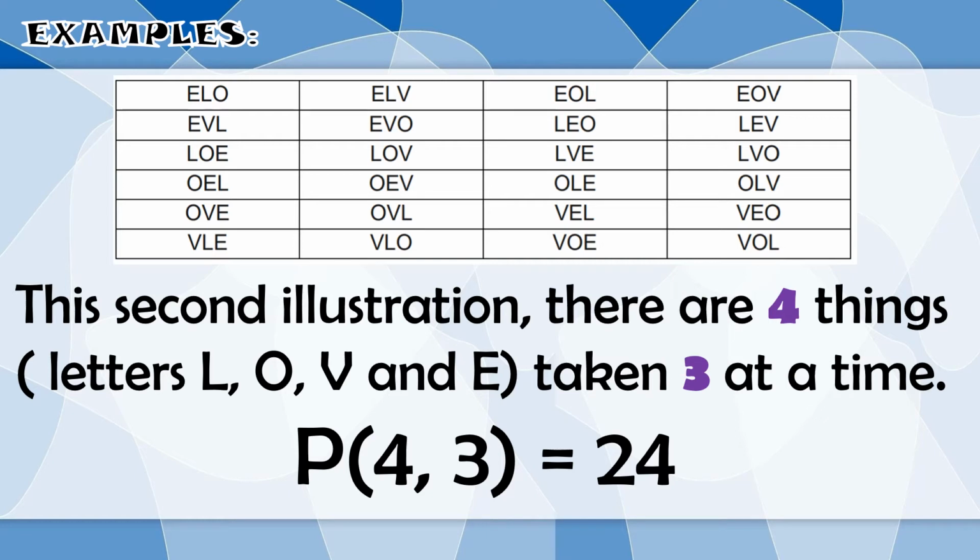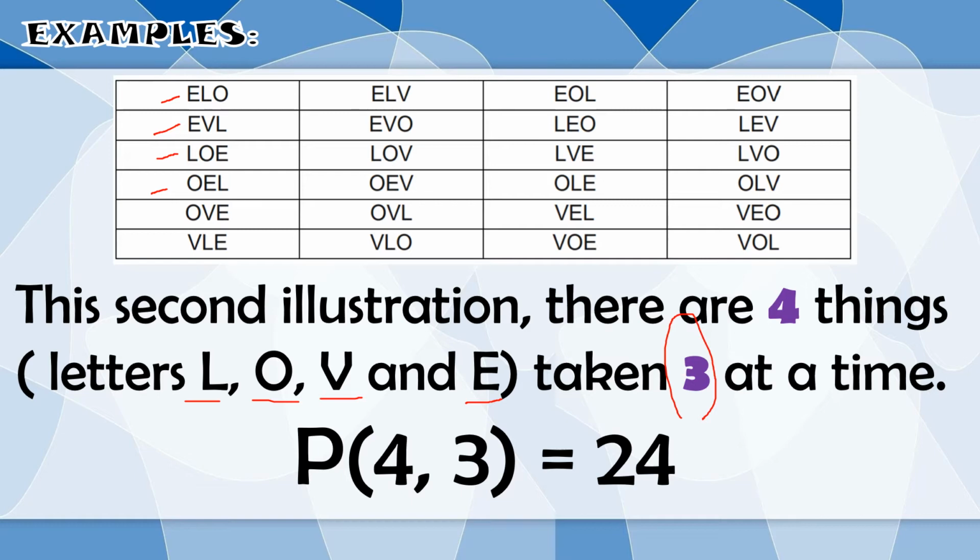Our next illustration: there are four things or letters L, O, V, and E, taken 3 at a time. So this time, we will list down all 3 letters from the word love. So these are ELO, EVL, LOE, OEL.